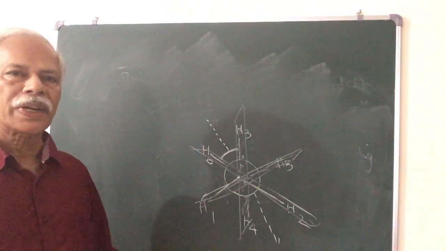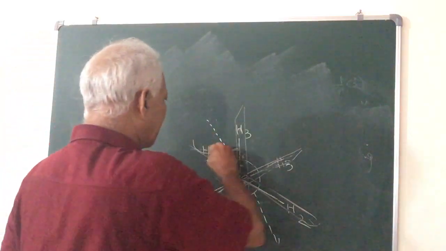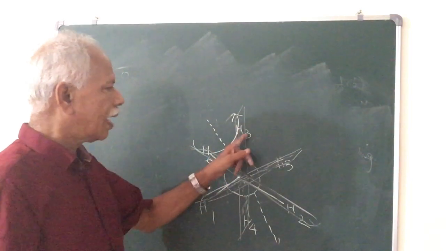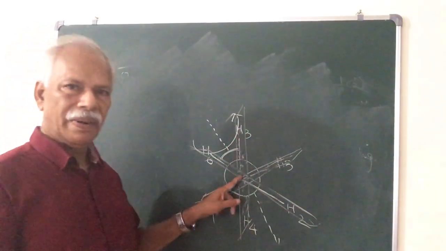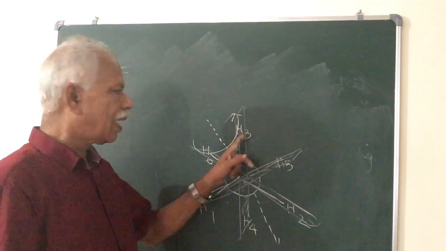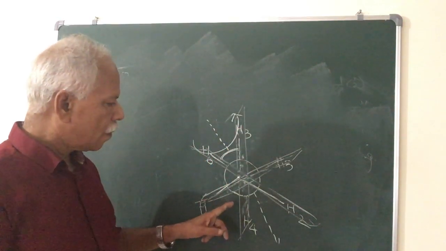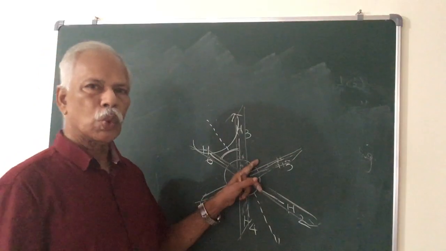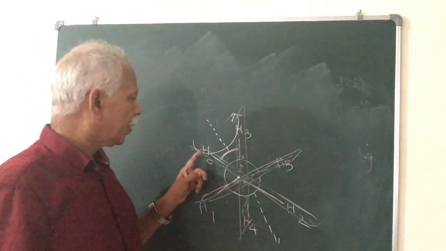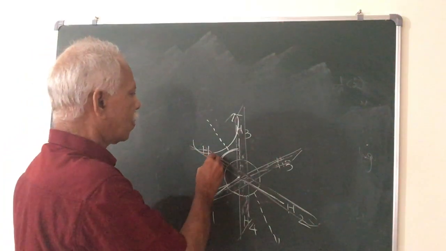How is it interpreted? Suppose I rotate the hydrogen 6 and hydrogen 3 about this line. Along with the rotation of hydrogen 6 and hydrogen 3, carbon 1 and carbon 2 by 180-degree rotation will exchange positions. Here also it is actually a 180-degree rotation.